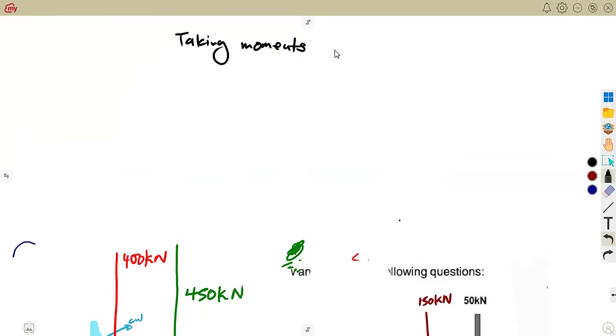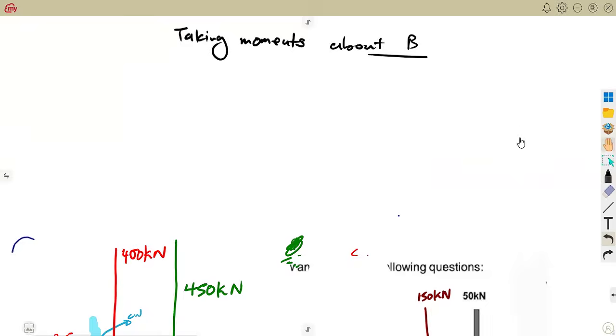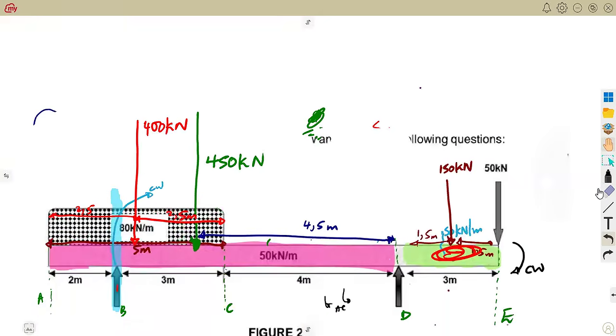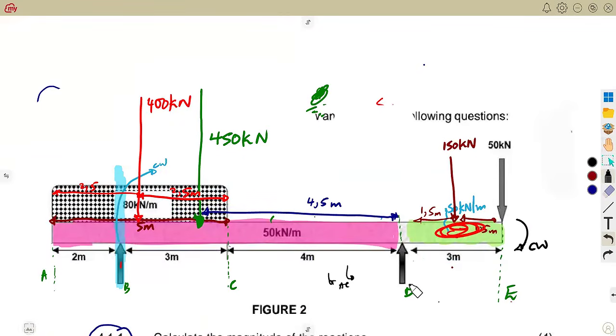Right, so taking moments about B, we are going to have this. As we consider D is our support, going back to D, it is moving this way. Which way is that one? Anti-clockwise. So as D is moving back to B, it is going in the anti-clockwise.